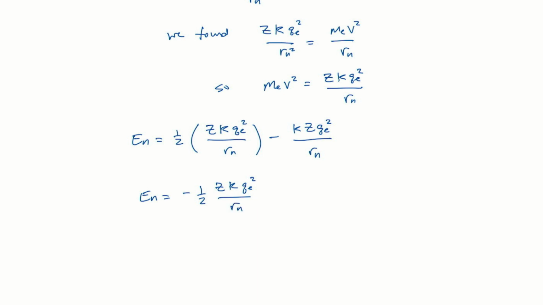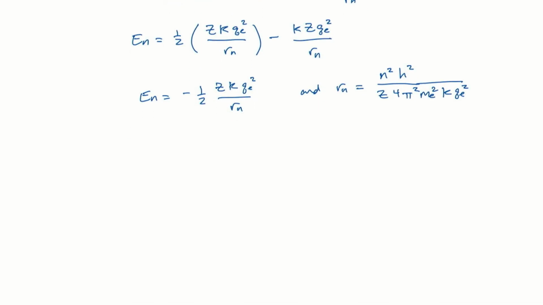We found previously, and I'll link the video where we showed this, that R sub N is N squared H squared divided by Z times 4 pi squared, mass of the electron squared, times K Q sub E squared. We can substitute for R sub N, and since we're dividing by it, we can flip that fraction upside down.